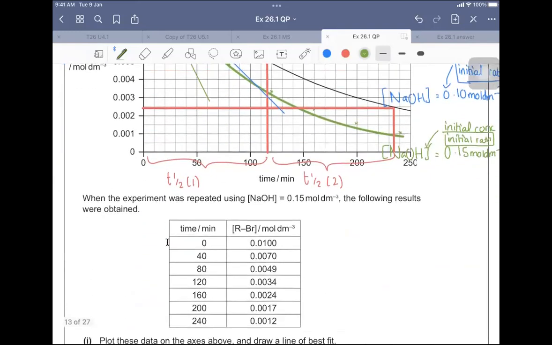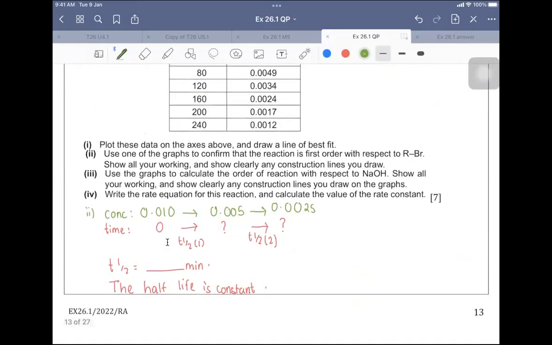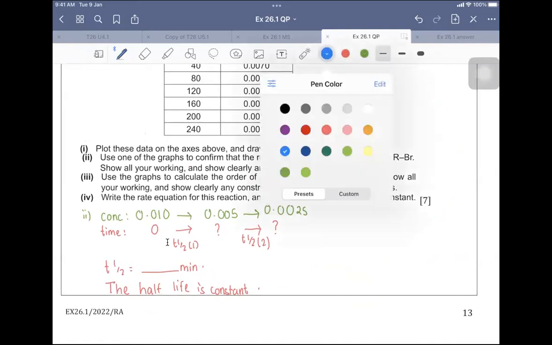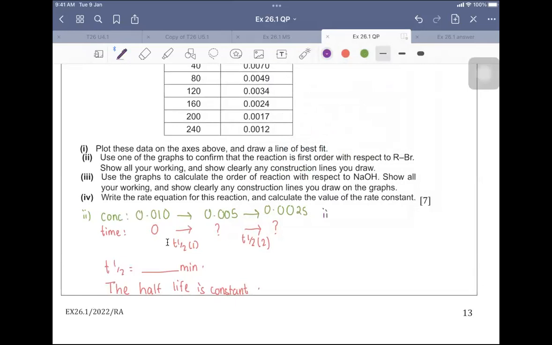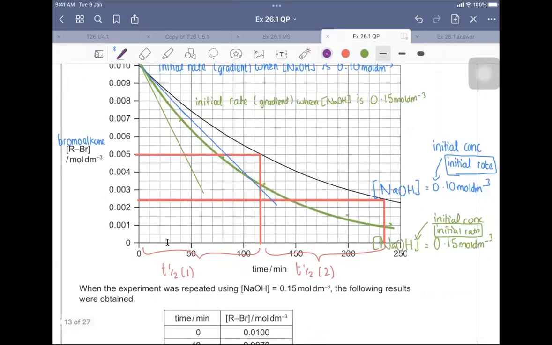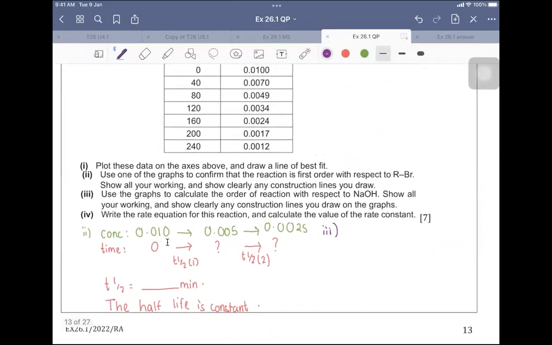Once you do that, I want you to tabulate them. It's easier to see. Use the graph. That's part 3. Show all your working and show clearly any construction lines. That means you have to leave the line there, and you must also show the working of your gradient, remembering that gradient equals change in y over change in x, where y is concentration, x is time.